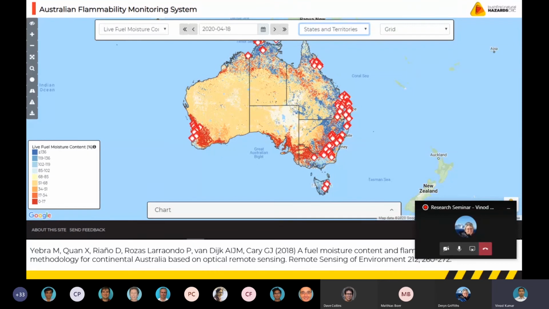Right, okay. While we are waiting, the idea is to come up with very simple models to describe the live fuel moisture content based on soil moisture. We haven't considered a lot of other variables. We are just focusing on the relationship between soil moisture and live fuel moisture content here.